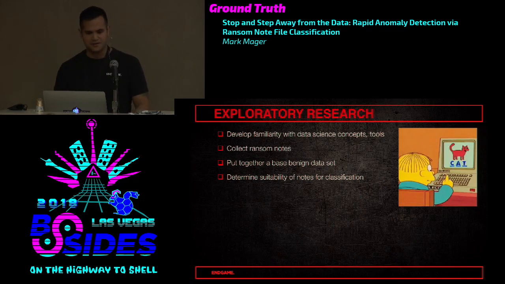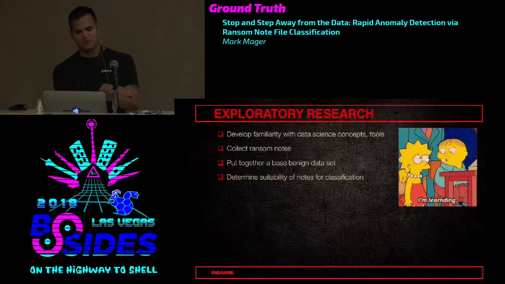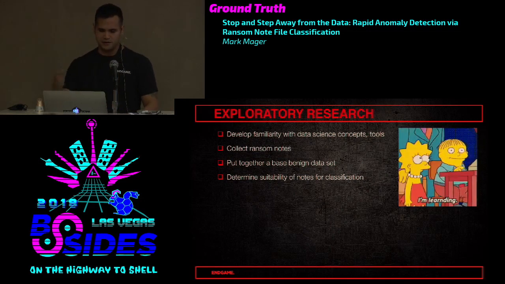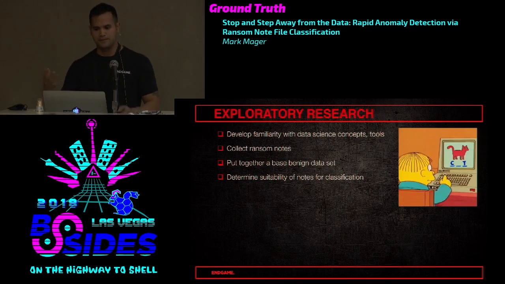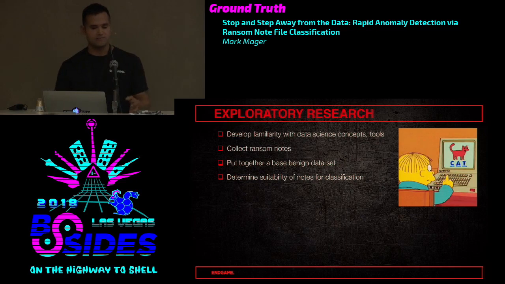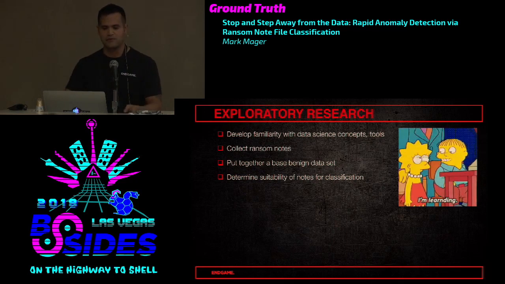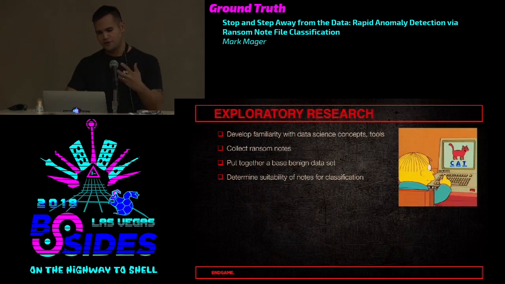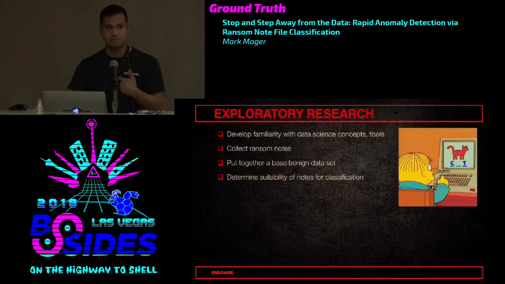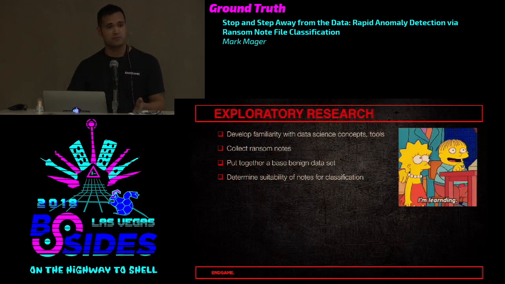So with that in mind, first goal was to develop familiarity with the data science concepts and tools that I'd be using. And I'd go out and build up a good collection of ransom notes. And then on the flip side, I'd also need to put together a base benign data set that I can compare the ransom notes to, and then determine how suitable ransom notes are to classification and how solvable this problem really is.